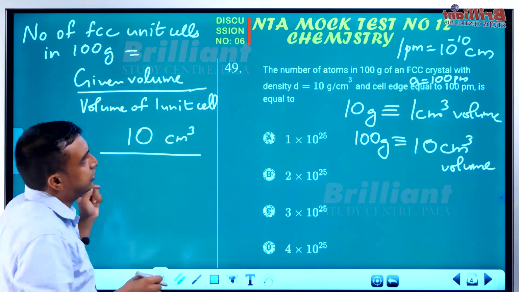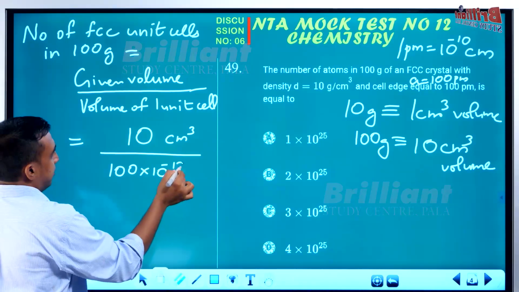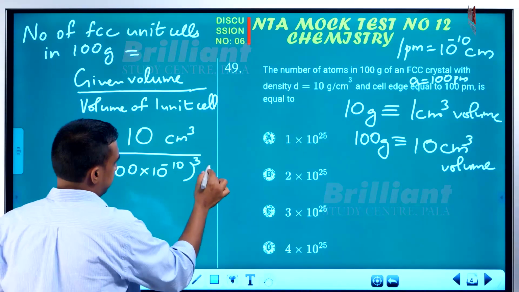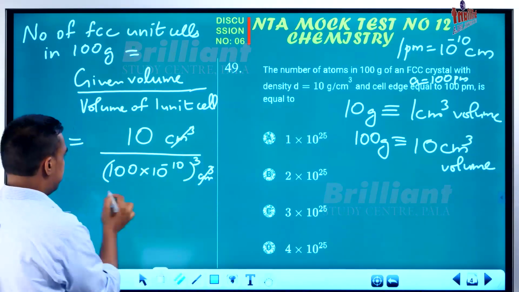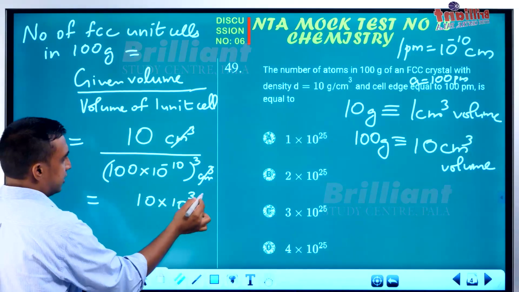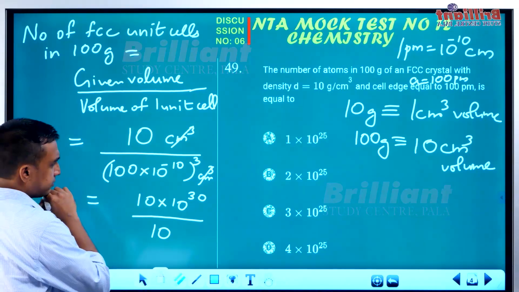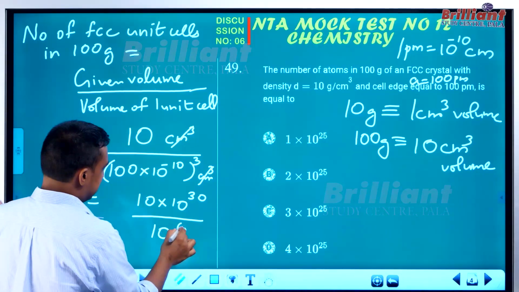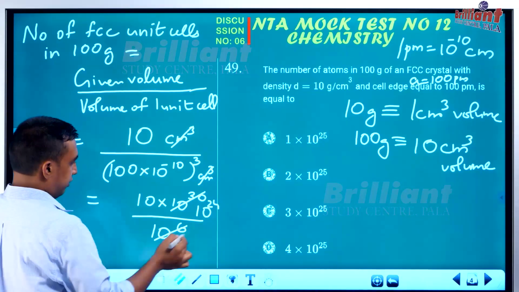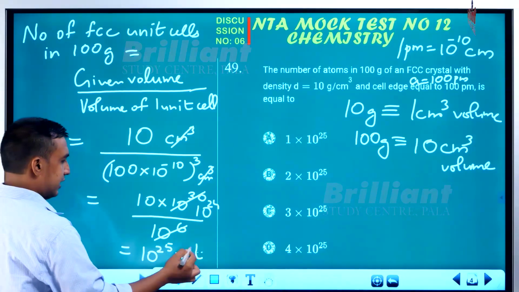So 100 picometer means 100 into 10 power minus 10 whole cube centimeter cube. This will become 10 into 10 power 30 whole divided by 10 power 6. On cancelling, this will become 10 power 24. So this will come to 10 power 25 unit cells.